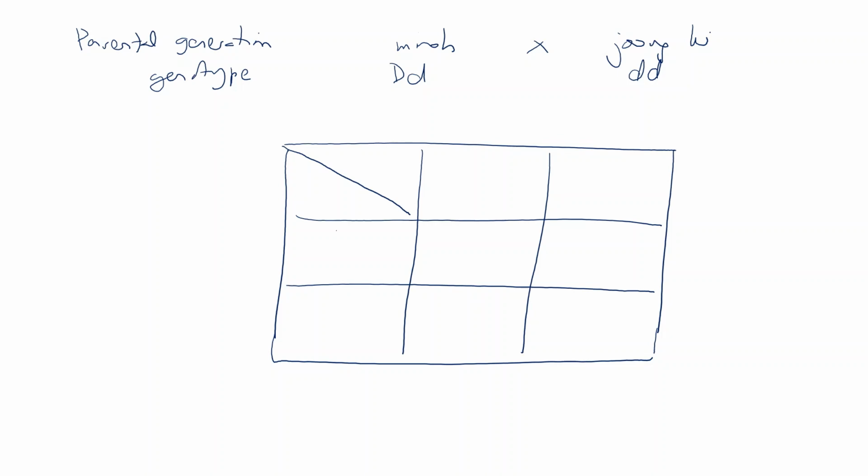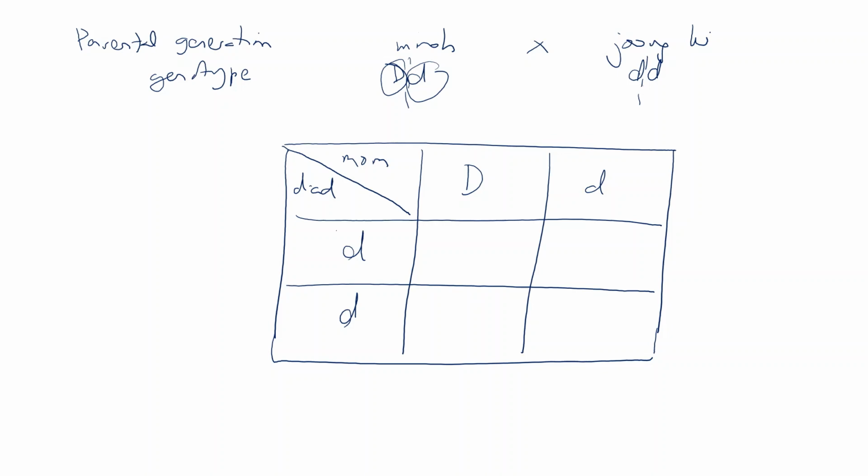Let's say I put mom up here and dad down here. Actually, you can put dad up here and mom down here, up to you. I put the alleles in each box, since they already separated during meiosis. So I have capital D for mom, and another box with small d for mom. For dad, I have small d, small d.